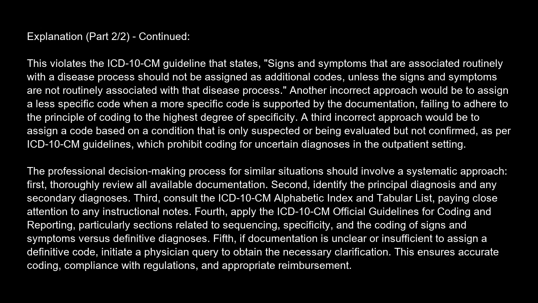Fourth, apply the ICD-10-CM official guidelines for coding and reporting, particularly sections related to sequencing, specificity, and the coding of signs and symptoms versus definitive diagnoses. Fifth, if documentation is unclear or insufficient to assign a definitive code, initiate a physician query to obtain the necessary clarification. This ensures accurate coding, compliance with regulations, and appropriate reimbursement.